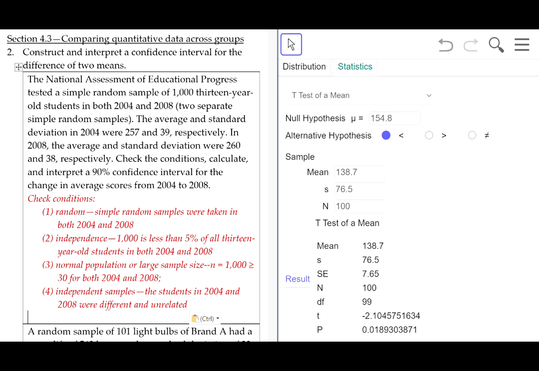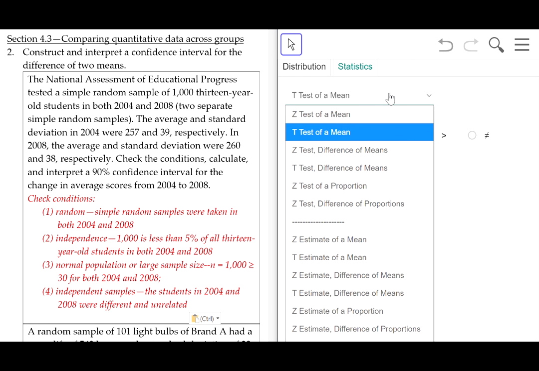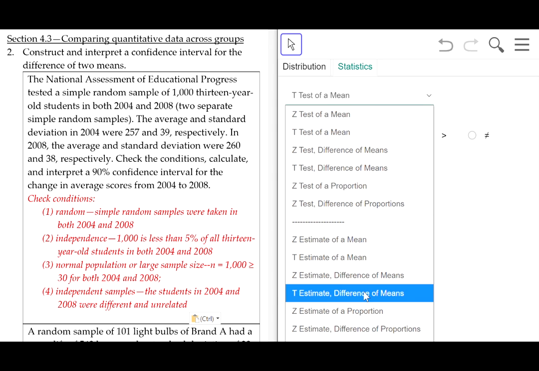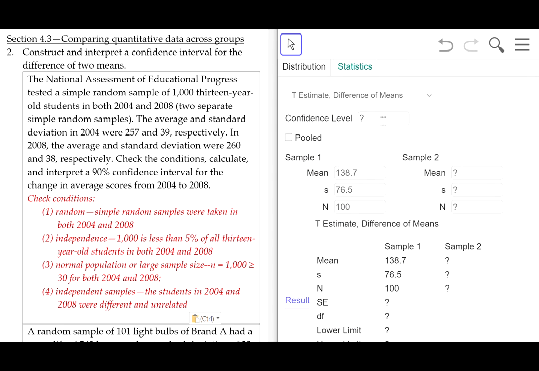All right, next we're going to calculate the confidence interval. In the GeoGebra probability calculator, we are going to select the t-estimate for the difference of means. Our confidence level is 0.9. They told us to compute a 90% confidence interval.